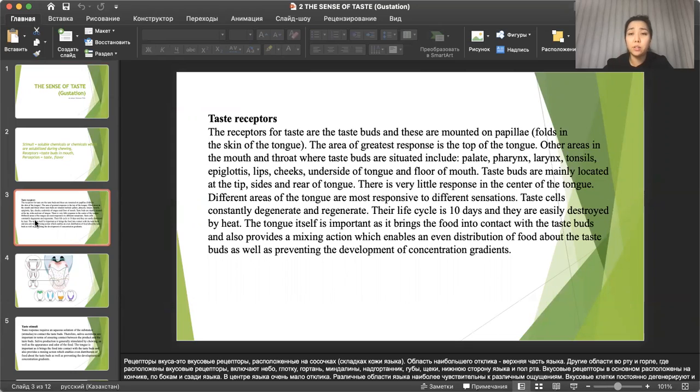Taste buds are mainly located at the tip, sides, and rear of the tongue. Their life cycle is about 10 days, and they can be easily destroyed by heat. It means the life cycle of our receptors is only 10 days.